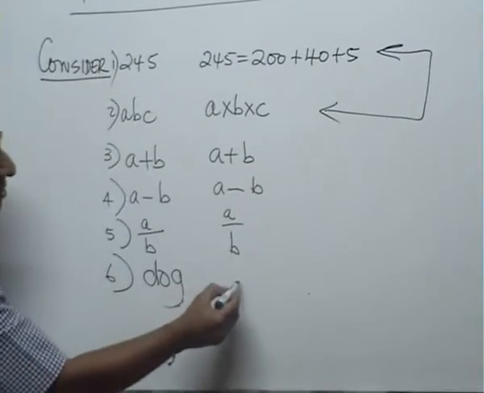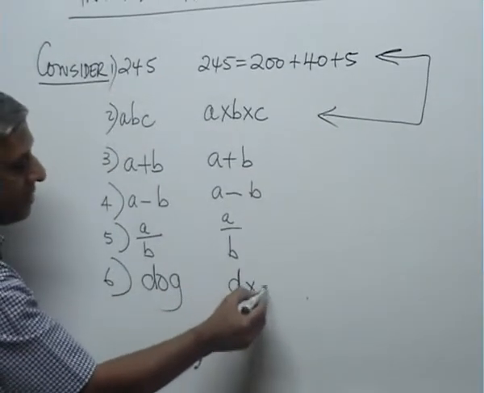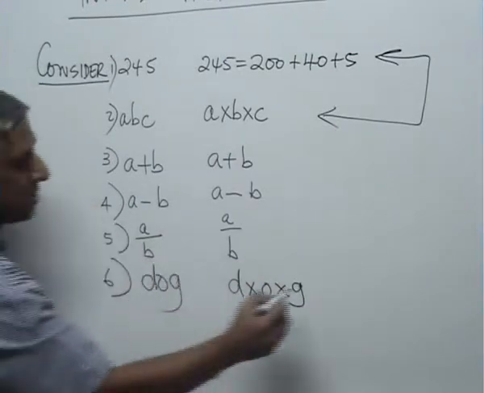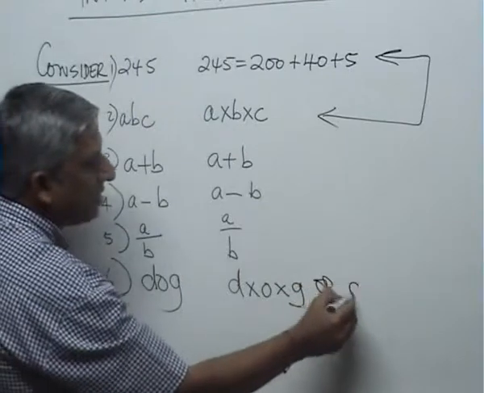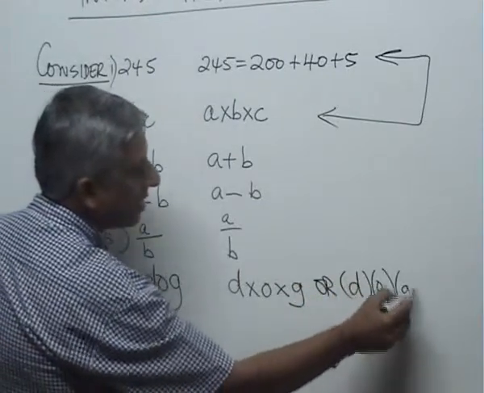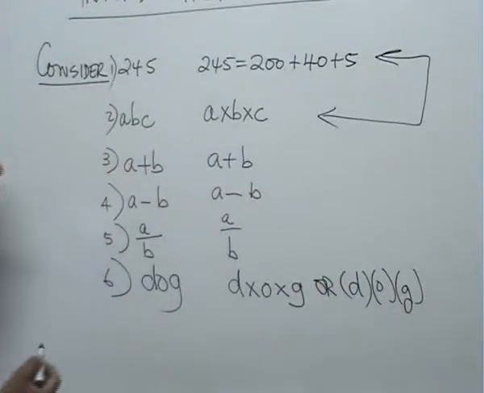And DOG in algebra means D times O times G. Or written differently, it's D bracket O bracket G, because brackets mean multiply. Alright, so that's the first basic difference that we need to know. Let's move on to the next thing.